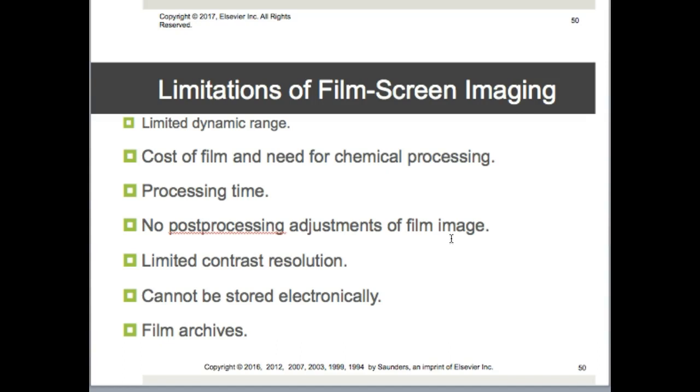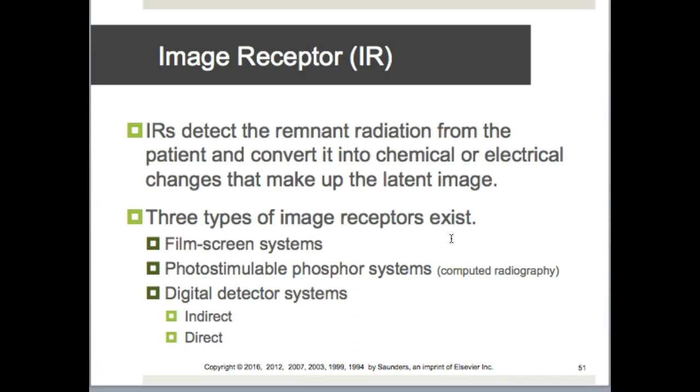It gets very expensive. It has a long processing time. The processors are usually 90 seconds per film, and that's after you get in the darkroom. There's no post-processing or adjustment of the film, it has limited contrast resolution, and it cannot be stored electronically, so you have huge film archives and you have to go pull all the films.